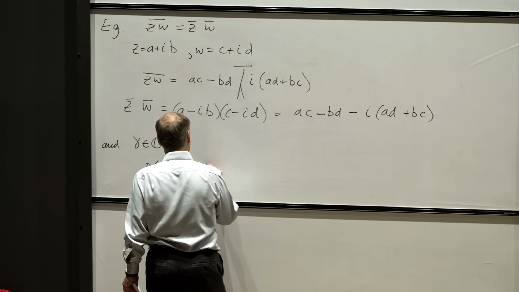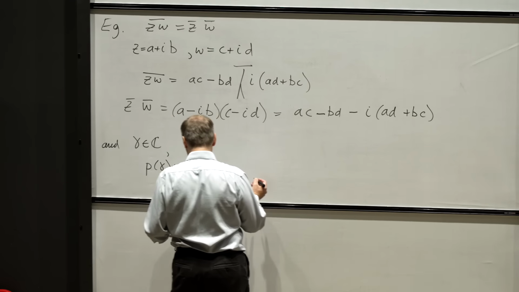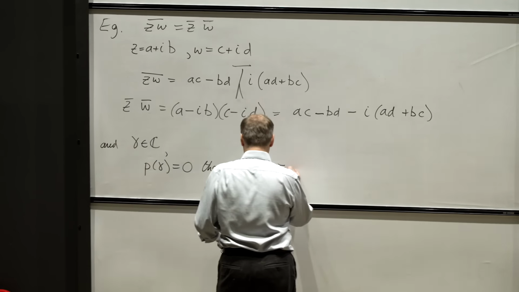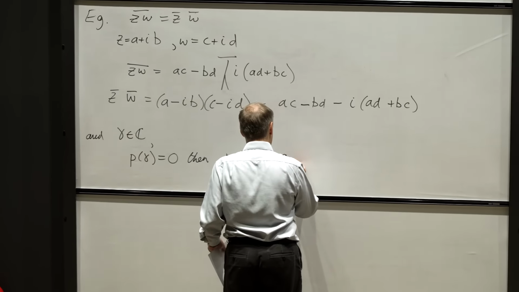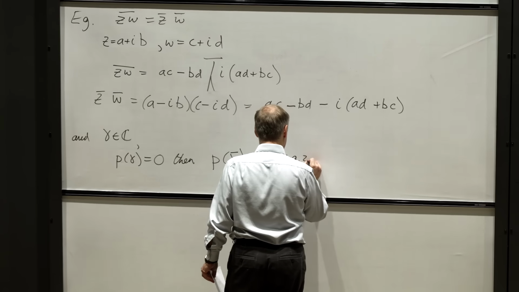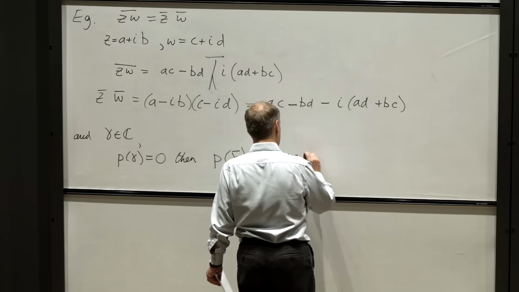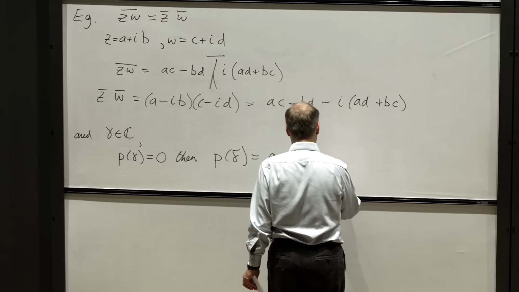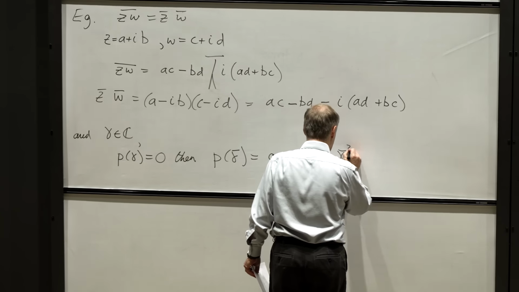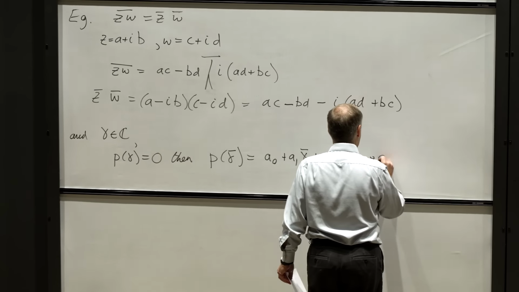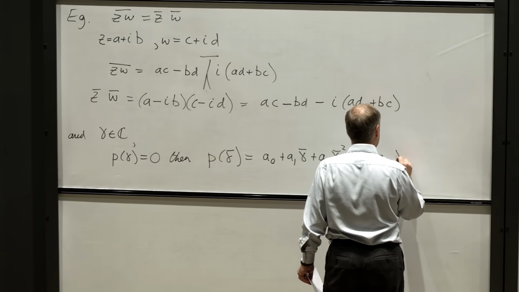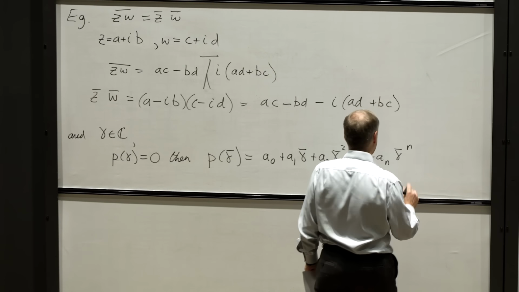Then I certainly have that P of gamma bar is equal to A0, this is my same polynomial I wrote down there, plus A1 times gamma bar, plus A2 times gamma bar squared, plus An times gamma bar to the n.